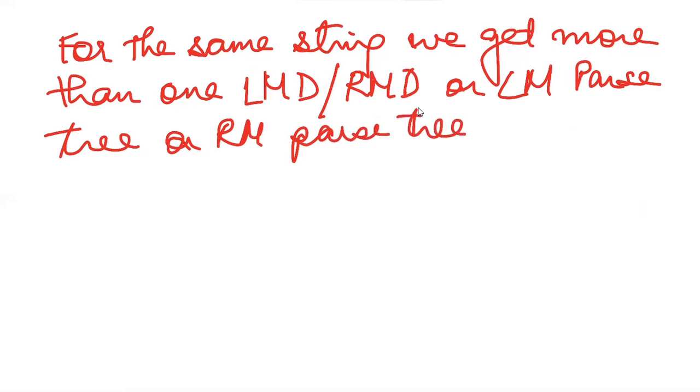A parse tree where we are doing a leftmost derivation, or parse tree where we are doing the rightmost derivation. So if, for the same string, we get multiple parse trees using leftmost derivation or rightmost derivation, then such a grammar is known as an ambiguous grammar.